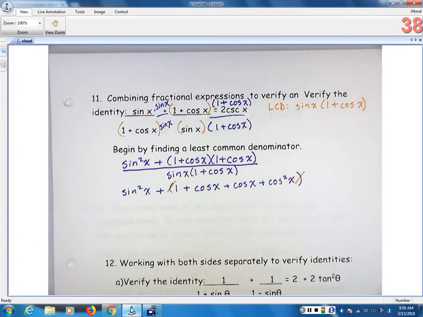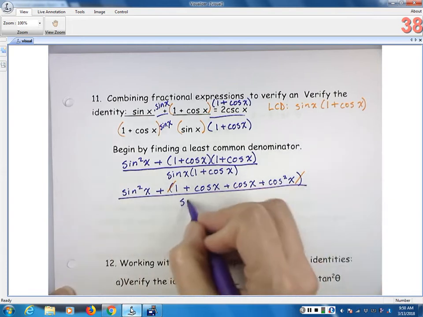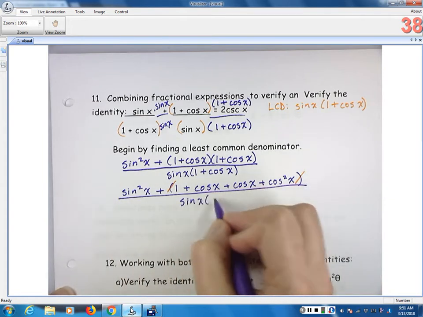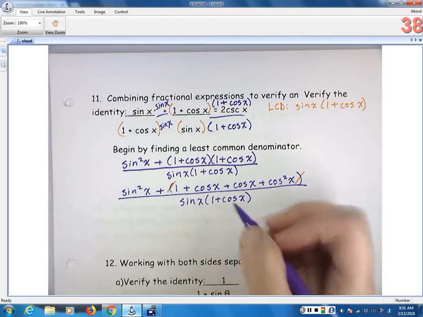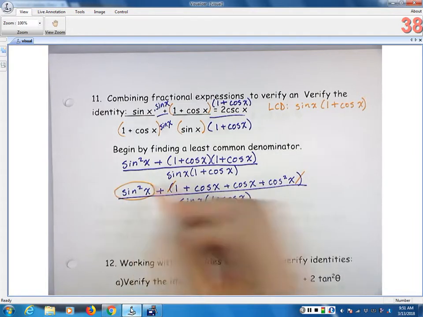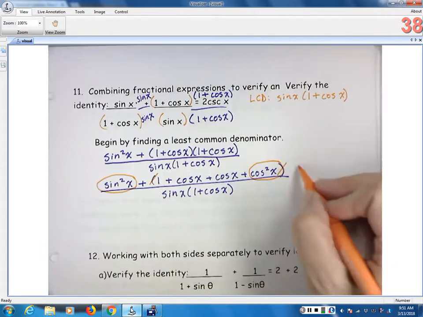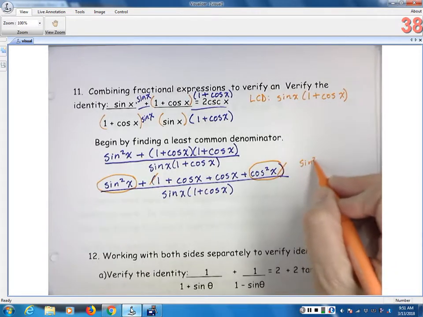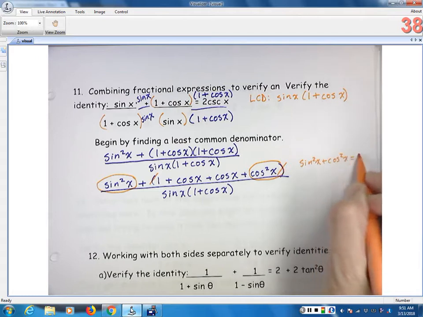All right, and then that's all divided by the common denominator. Okay, so we have sine squared x plus cosine squared x. That equals 1.